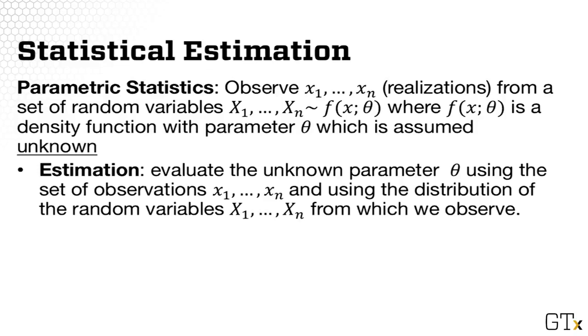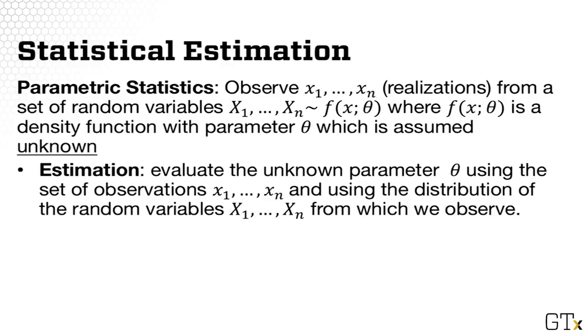These are realizations of random data denoted in statistics with capital letters, big X1, big X2, up to big Xn. The random variables X's are assumed here to have the same distribution, which is f of x with the parameter theta. The distribution is known up to the parameter or vector of parameters theta.